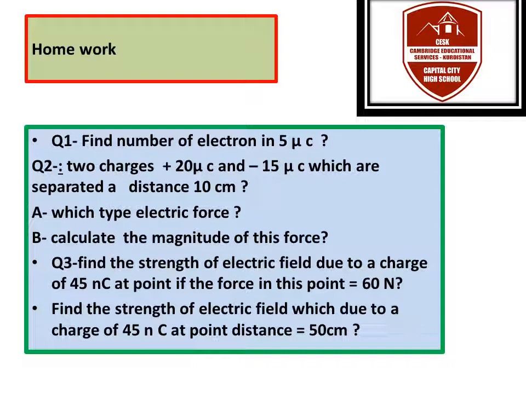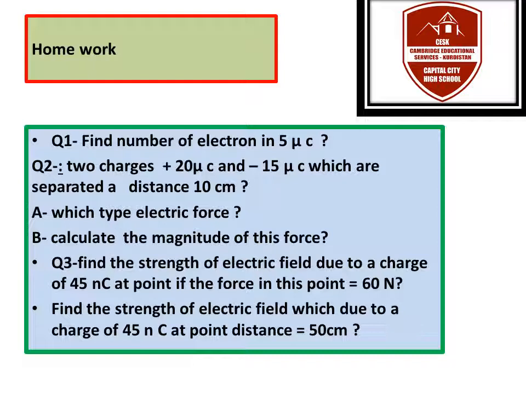Also Q2 is 15 times 10 to power negative 6 coulomb, divided by the distance, here we have 10 centimeter, which should be 0.1 squared. Then use a calculator to find the magnitude.